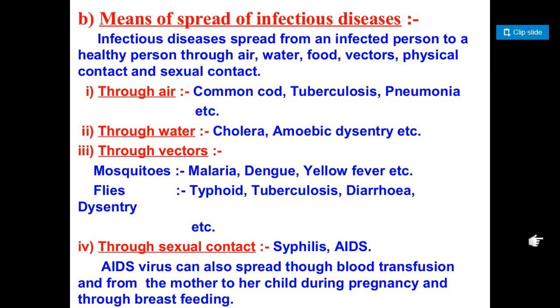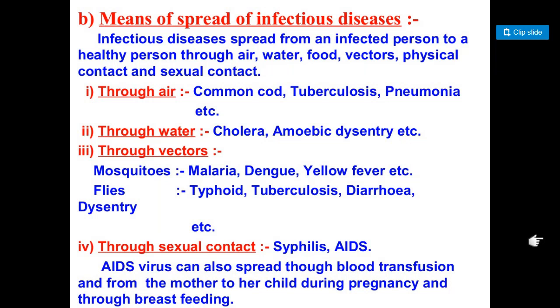The last is about sexual contact. Some infectious diseases are spread from one person to another through sexual contact. This could be syphilis or AIDS. Now the AIDS virus can also spread through blood transfusion and from the mother to her child during pregnancy and through breastfeeding.